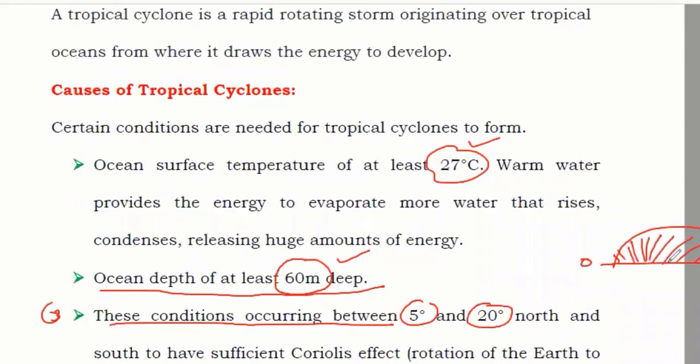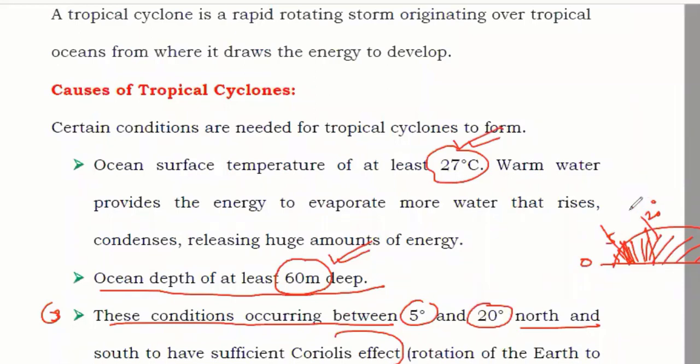In the same way, when everything is set, temperature is 27, the ocean is 60 meters deep, after that, where is the position? At 5 to 20 degrees, north and south, to have sufficient Coriolis effect, meaning rotation of the earth, to make the air spin.